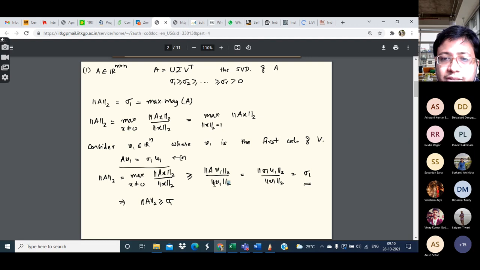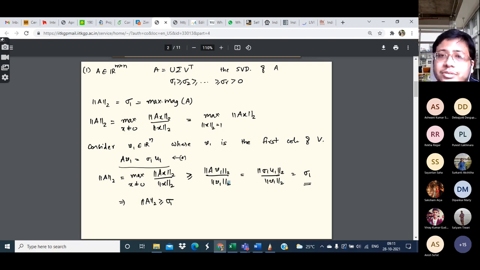But now if you consider the denominator, we know that these vectors are unitary, right? Which means that their L2 norm is equal to 1. So the denominator here immediately becomes equal to 1. Now if you consider the numerator, this is AV1, but we know that AV1 is equal to sigma 1 U1. So taking the L2 norm of AV1 is the same as taking the L2 norm of sigma 1 U1.